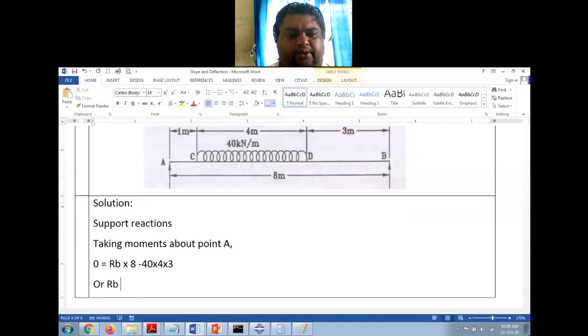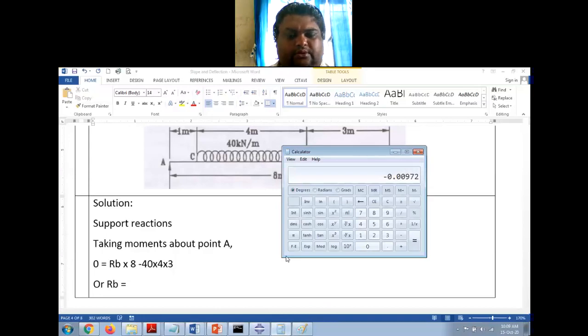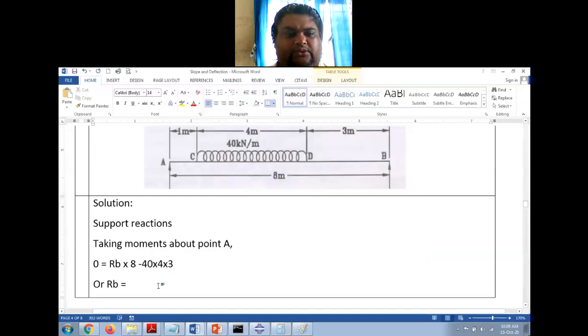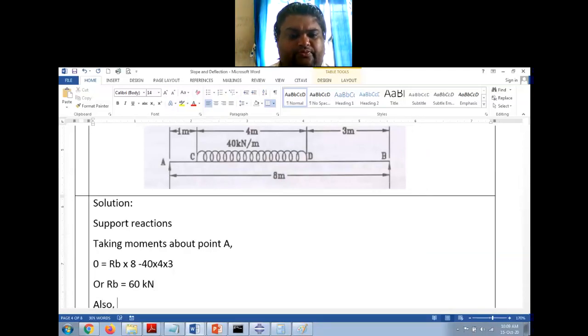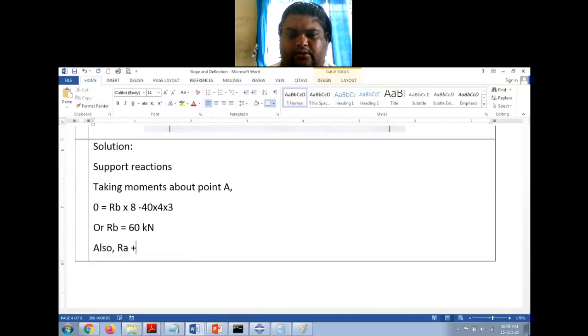Or RB is equal to 40 into 4 into 3 by 8. So this is 60 kilonewton. Also RA plus RB is equal to 40 into 4 meter.